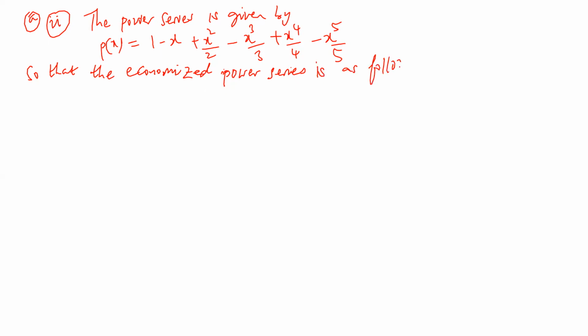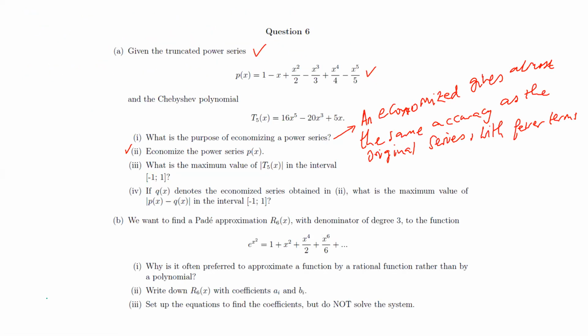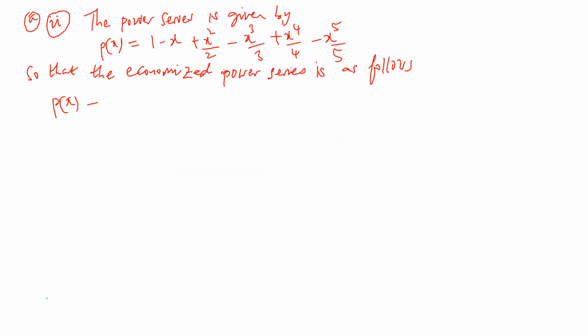So how do we economize it? We subtract, always like we did last time. We take the power series we need to economize, so we need to reduce the power. Then we recall what the other polynomial is, on the previous page. And now you recall that the other one, t sub 5 of x is 16x to the fifth power, etc., minus 20x cubed plus 5x. And we write it down here.